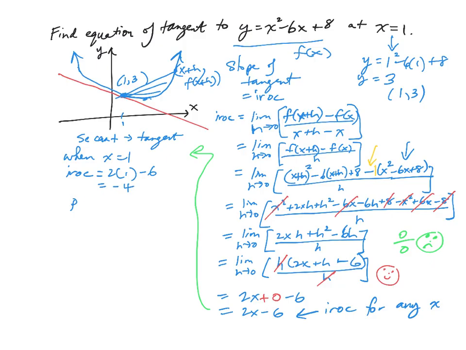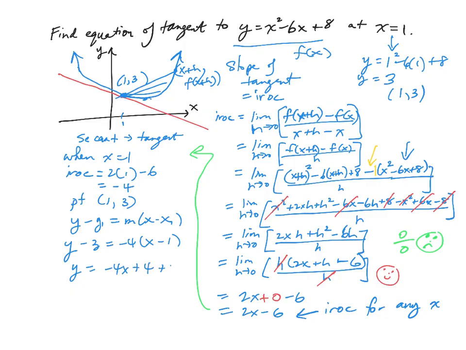So now we have the slope, negative 4, and we have the point, (1, 3). The equation of the tangent, using our wonderful slope-point form, is very, very quick to deduce here. y minus 3 equals negative 4 times (x minus 1). And we could be done there, but some people really like the y equals mx plus b form, so you might want to rewrite this.